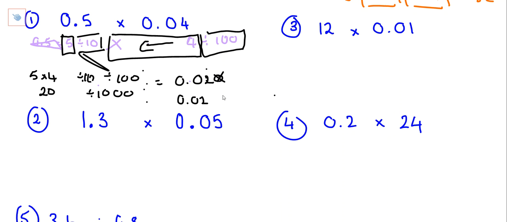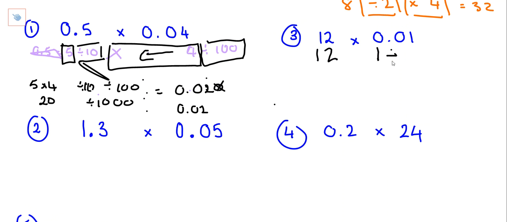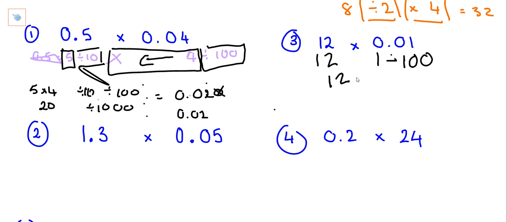So this 12 would just remain the same because it's not a decimal. And then this would be 1 divided by 100. And then that's 12 times 1 divided by 100.